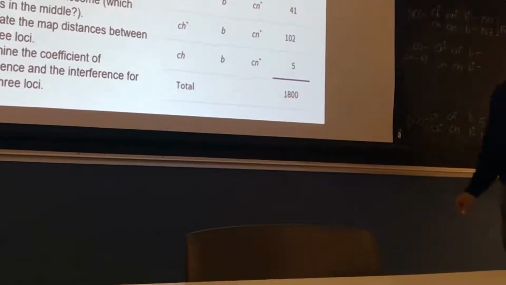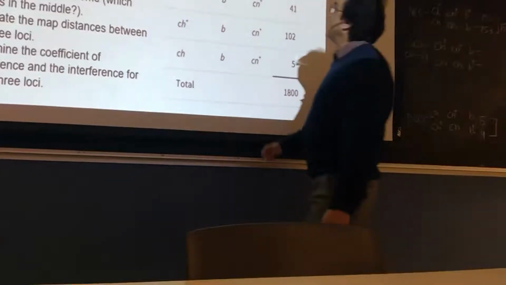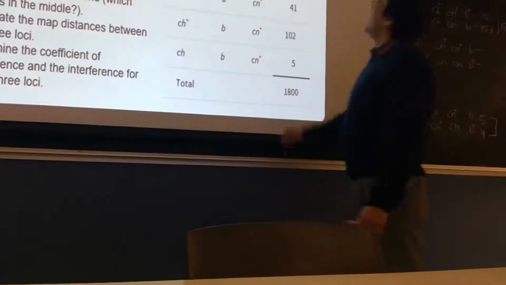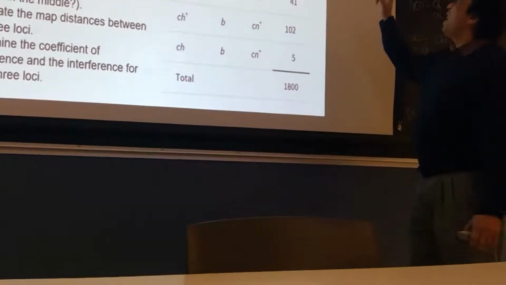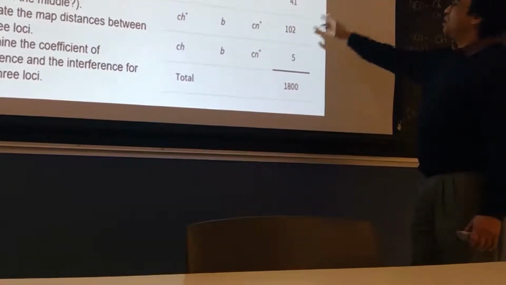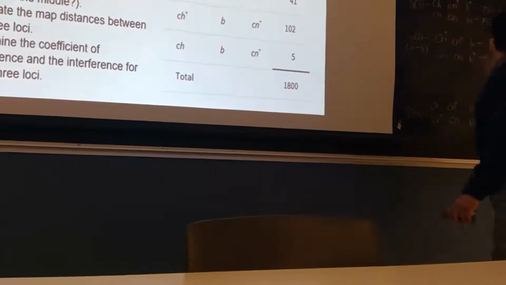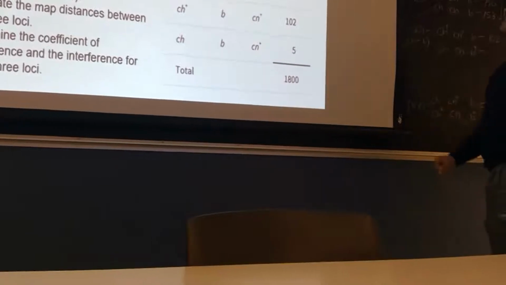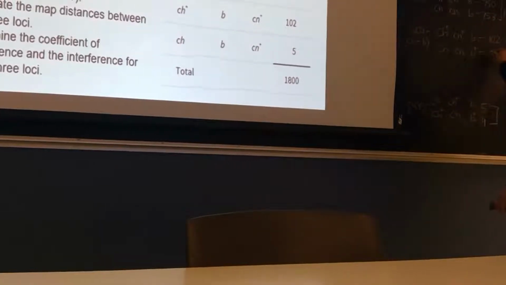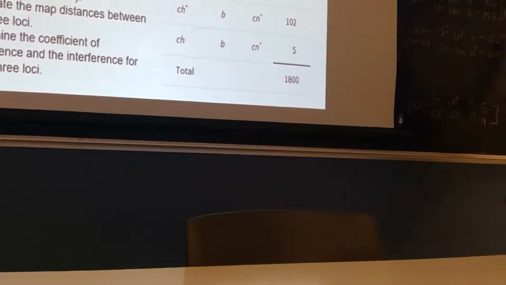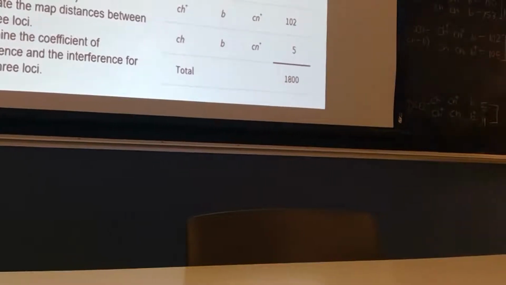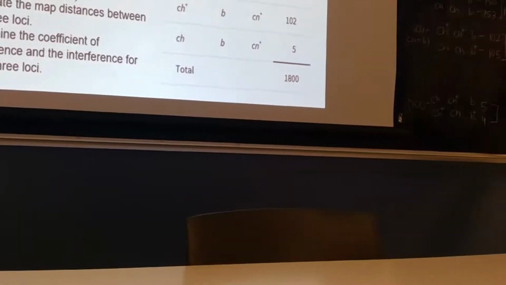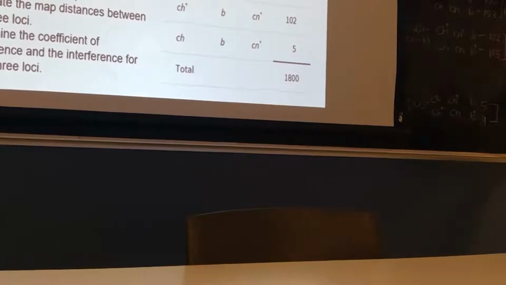CH plus, Cn plus, P is 102. This is 102. And that one? 105. Total of this one is 207. Right?